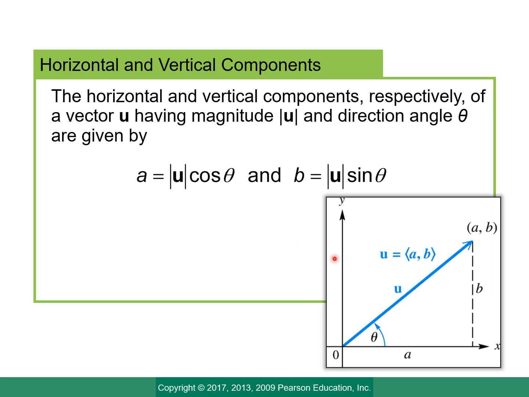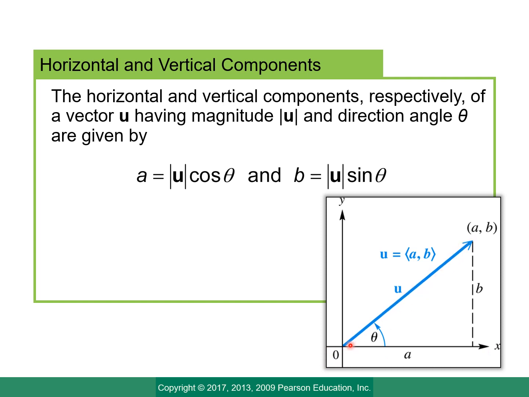So if you look back at our position vector, just take a look at the horizontal component. My claim is that it's the magnitude u times cosine theta. Well, think about what we know about our trig functions. Cosine of theta for this triangle would be adjacent over hypotenuse.